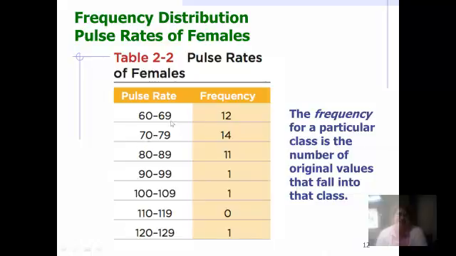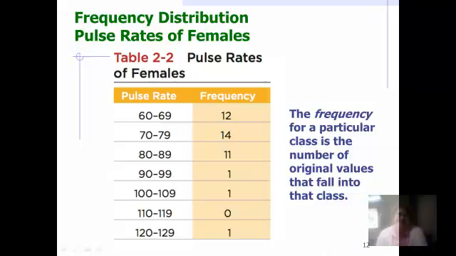So it's very clear that if someone has a pulse rate of 69, they'll go into the first group and not the second. We can't go from 60 to 70, 70 to 80, 80 to 90, because then if someone has a pulse rate of 70, which group do we put them in? So it's very important that they only fit into one group.